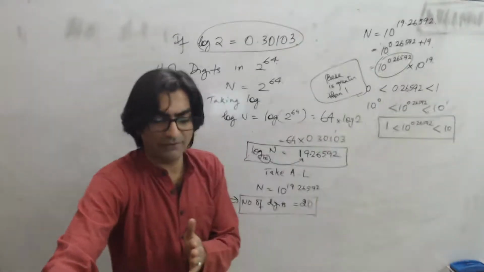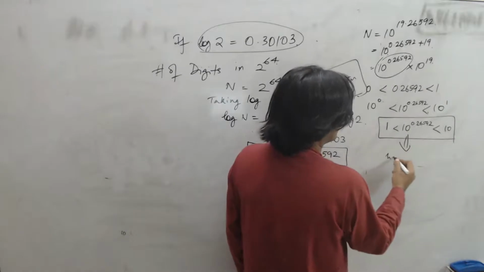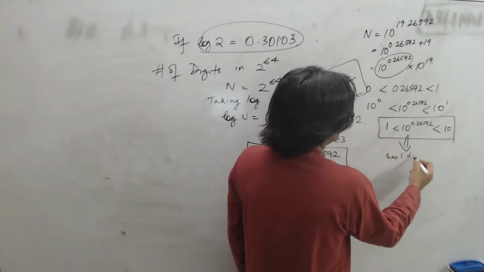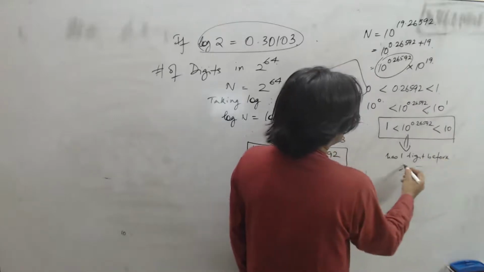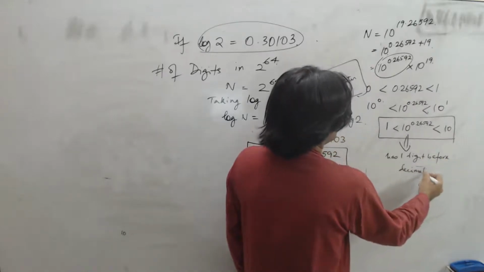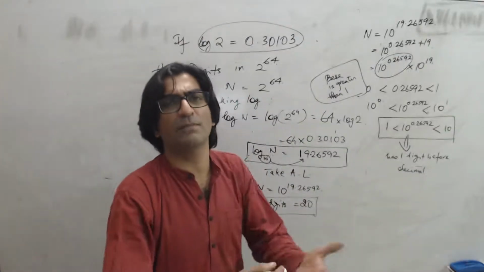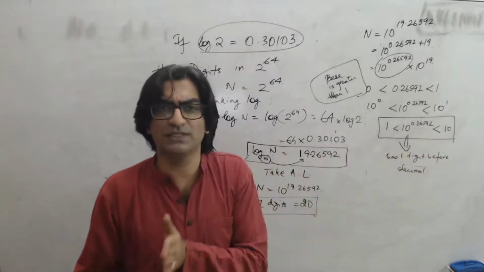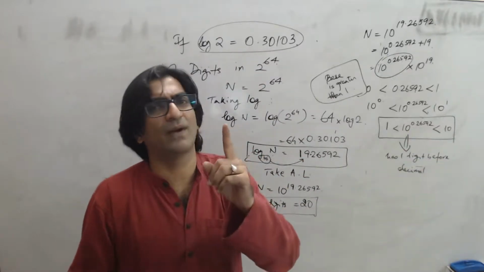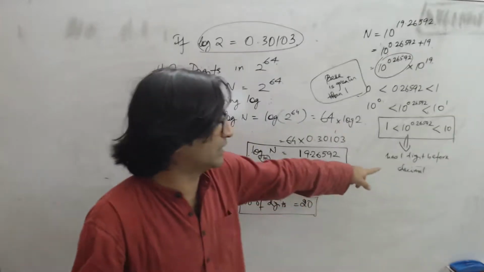But it will definitely have one digit before the decimal, right? Why is that? Because the value of this exponent is greater than 1. So it has to be 1 point something or 2 point something or maybe 9 point something, which means the decimal will be preceded by one digit. That digit could be 1, 2, 3, 4 all the way till 9, but it will definitely have one digit.